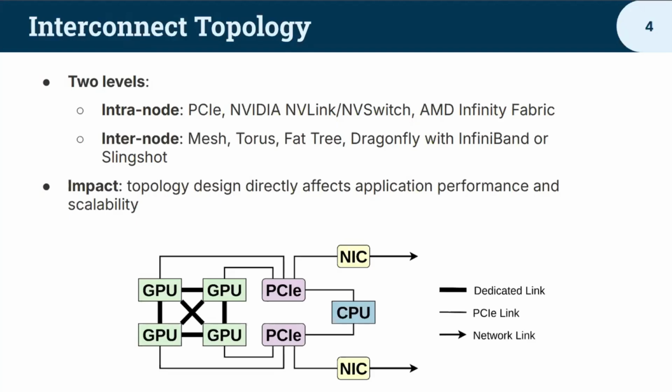Inside one single node, let's imagine this is one HPC node, you have the PCI connections, you can have NVLinks or other vendor-specific device links connecting your GPUs or other accelerators. And between nodes, we can have Ethernet connections, InfiniBand connections, those fancy, fast interconnects.